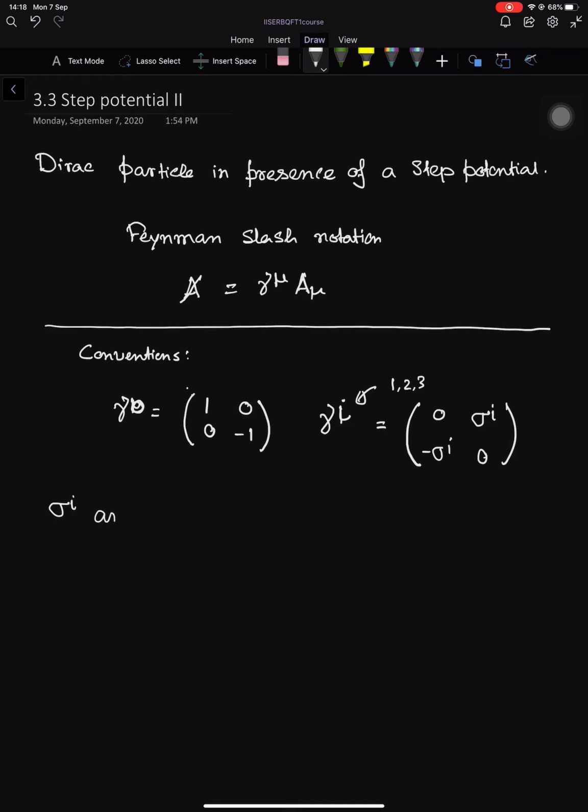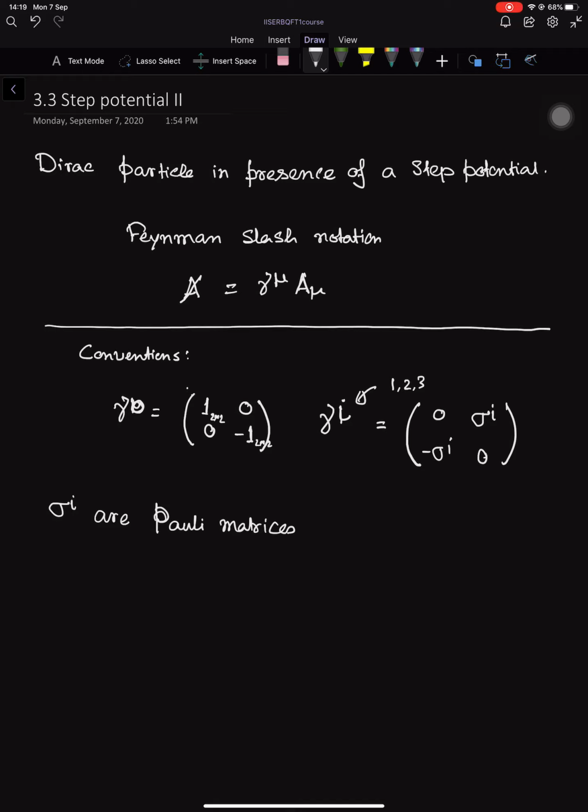Sigma I are the Pauli matrices, and this is really a 2 by 2 matrix. So the gamma matrices are 4 by 4 matrices.